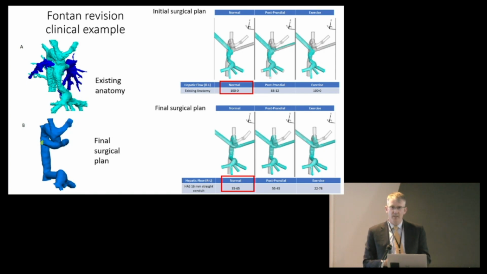So this is a really challenging cohort of patients where just clinical experience and intuition is not accurate enough, and really we found you need to use this flow simulation.